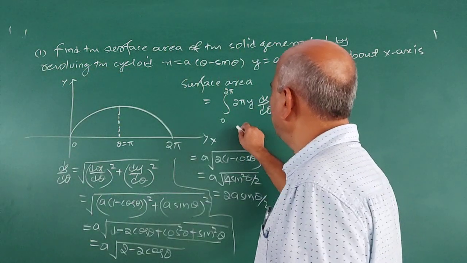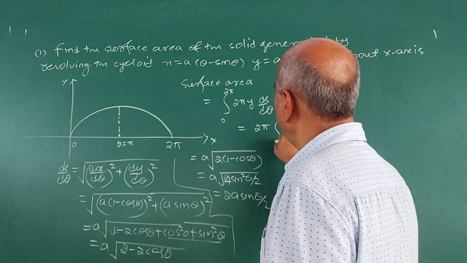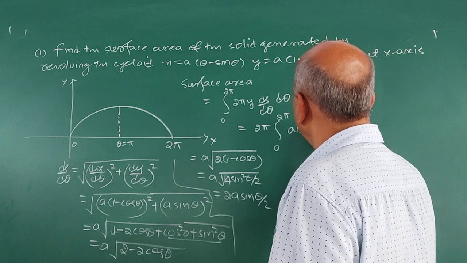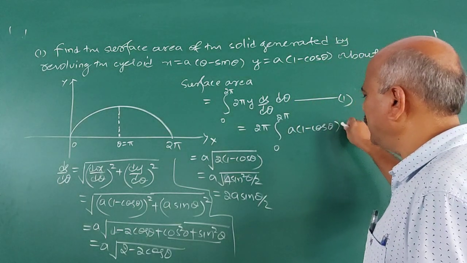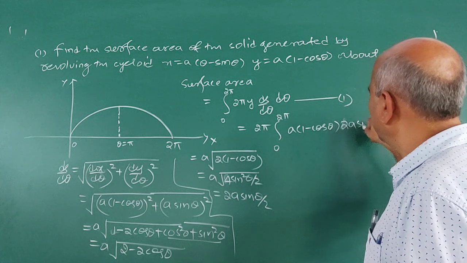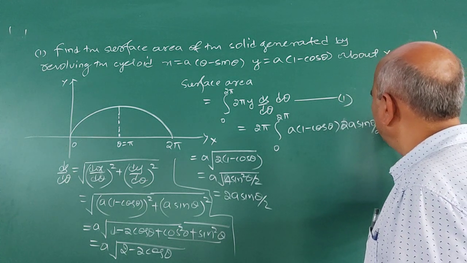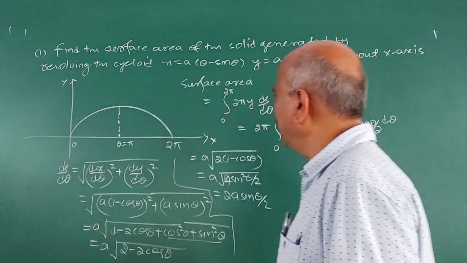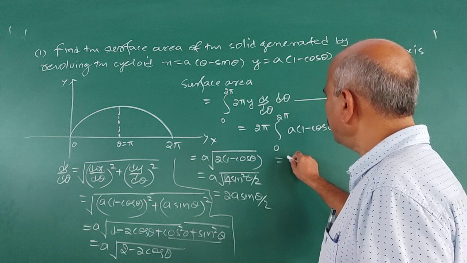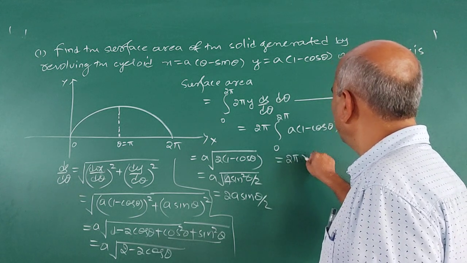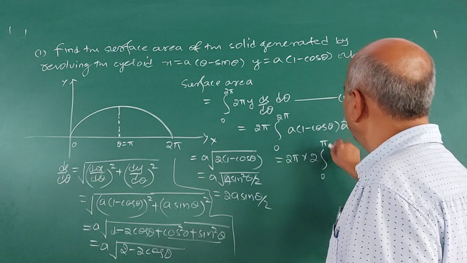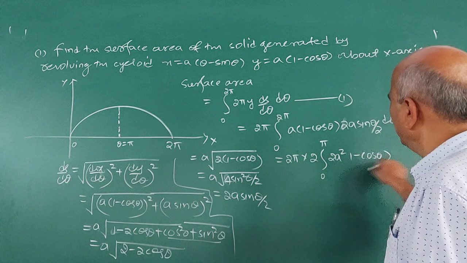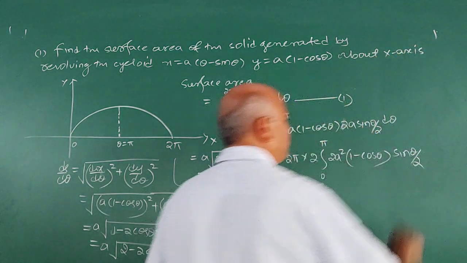Therefore this surface area is 2 pi integral from 0 to 2 pi. What is y? a into 1 minus cos theta. ds by d theta is 2a sin theta by 2, d theta. Now because of symmetry about this line, theta is equal to pi, we can write this as 2 pi into 2 into integral from 0 to pi of 2a square (1 minus cos theta) into sin theta by 2 d theta.